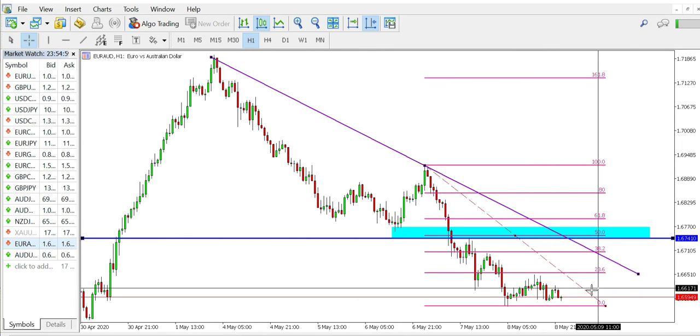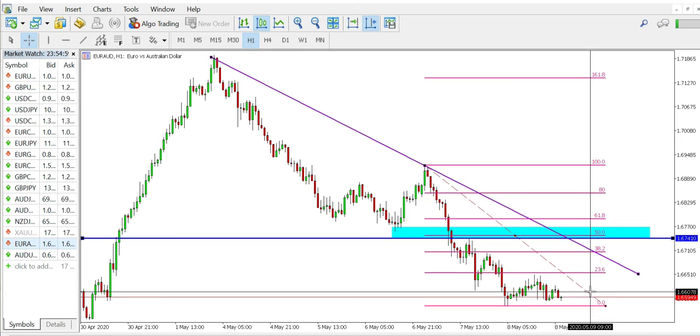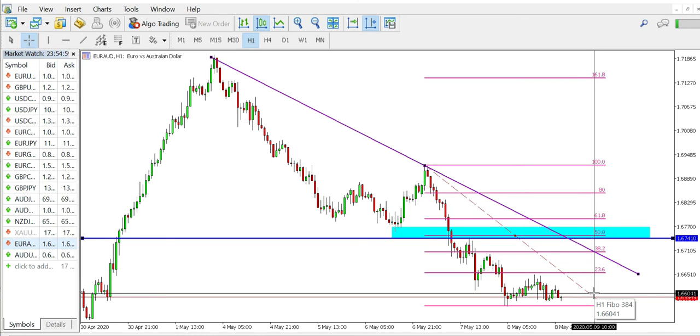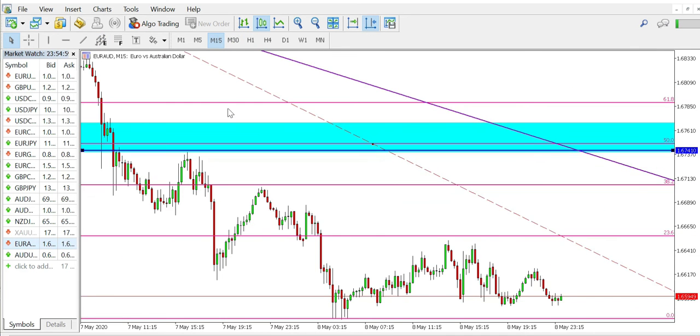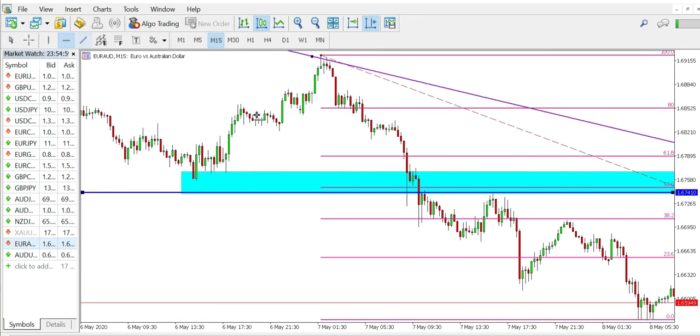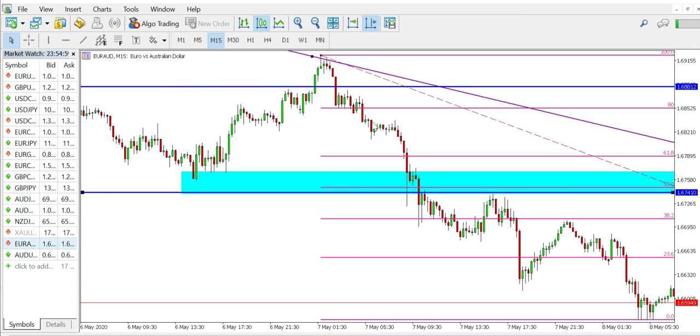With the targets, I'll be looking approximately for the round figure of 1.6600 here, so it's approximately 134, 135 pips downside. On the top side for the resistance, I'll be putting my stops approximately here because I don't want to put the stop just above the first resistance, because many times price will be coming in here.